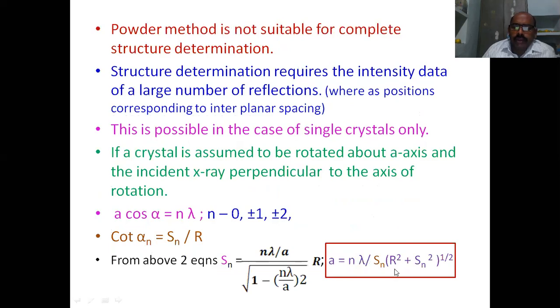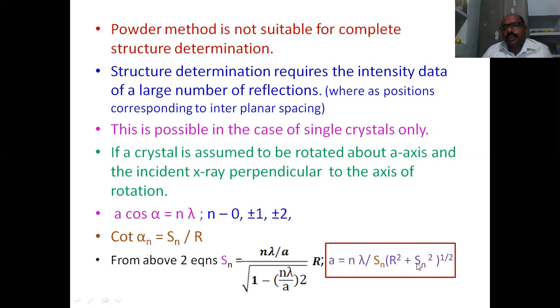n lambda divided by (r squared plus Sn squared) to the power 1/2, so this total term is in the denominator. We calculate Sn, and r is the radius of the camera, which is fixed, that is 3 centimeters, and n is the order.